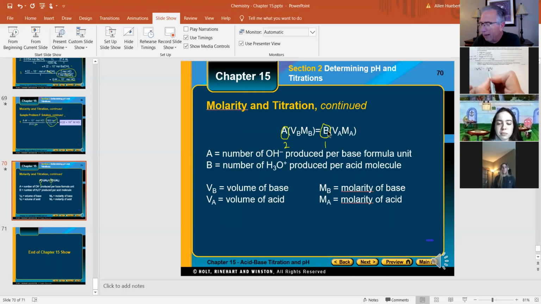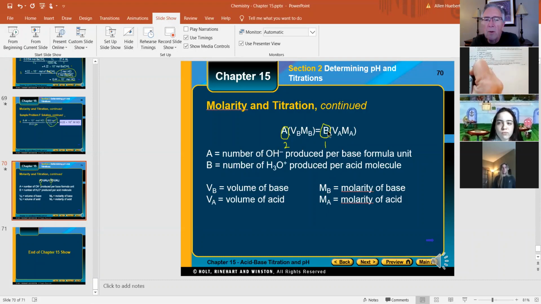Now, I think what's in my PowerPoint is different than the formula sheet that I'm going to give you on the test. So I'm afraid to maybe eliminate that confusion. You notice that this side is the base, and that's the OHs.